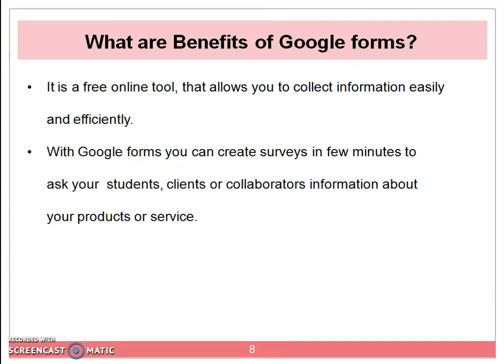Google Form is a free online tool that allows you to collect information easily and efficiently. With Google Forms, you can create surveys in a few minutes to ask your students, clients, or collaborators for information about your products or service.